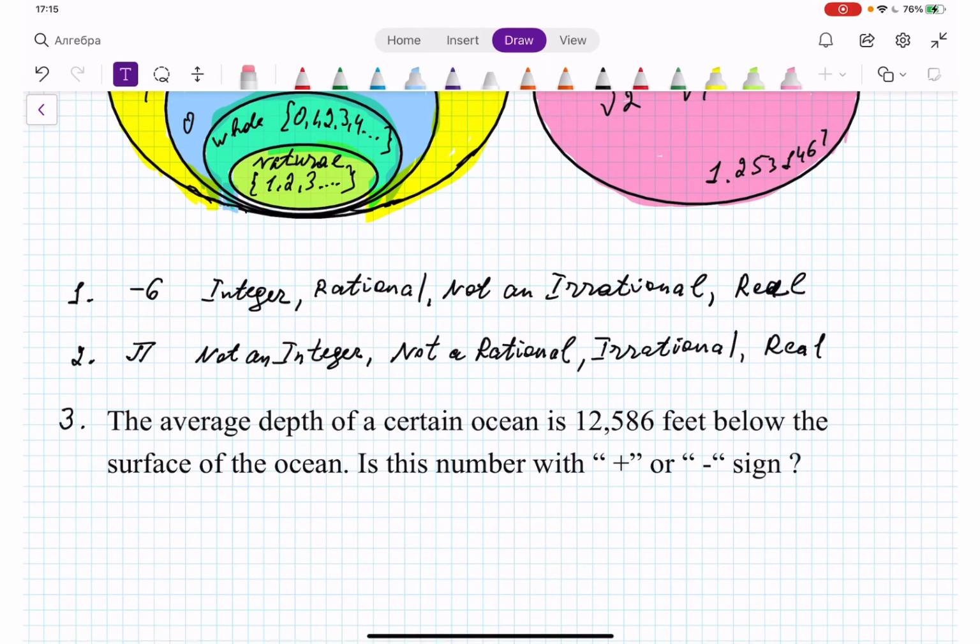Since we are talking below the surface, this is our surface, and it's going to be below, right? So 12,586 is going to be minus. Yes? Okay.